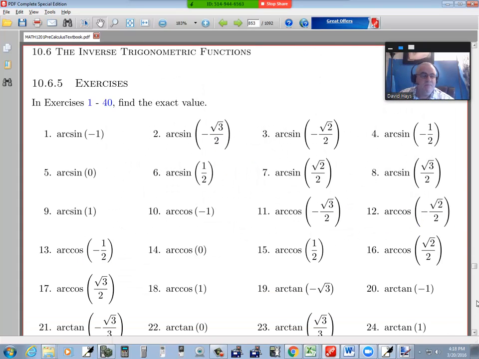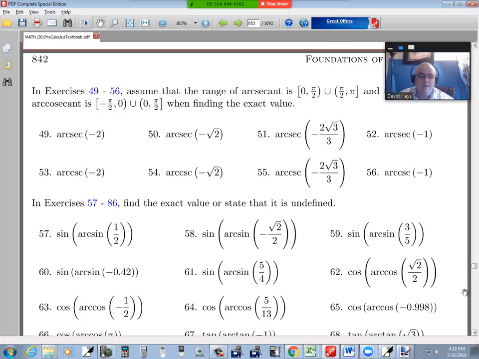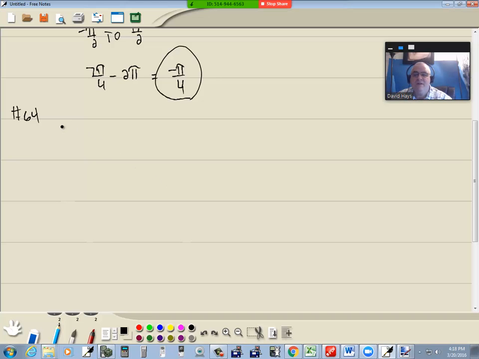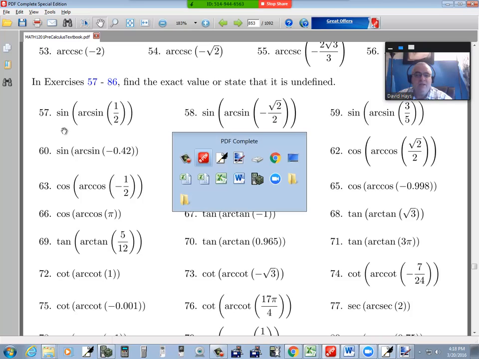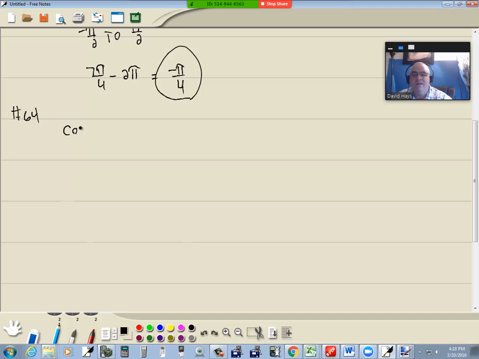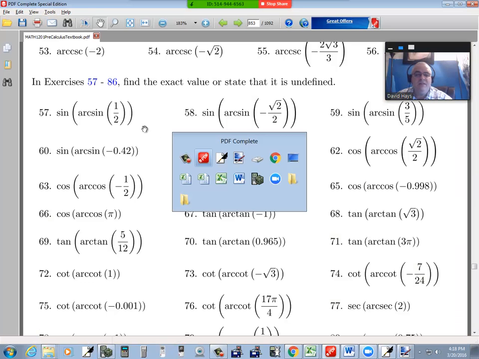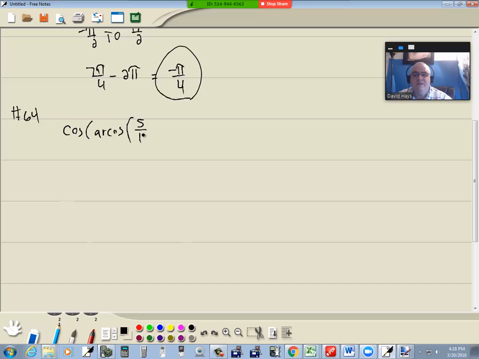There we go. Number 64. We got cosine of arc cosine of 5/13.